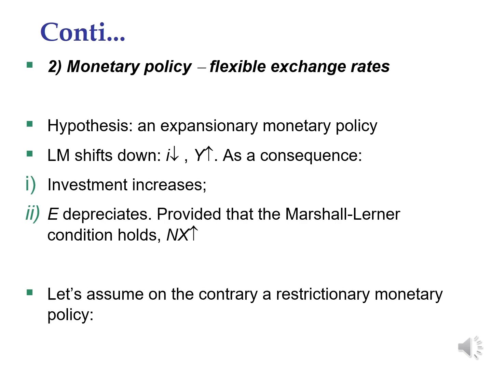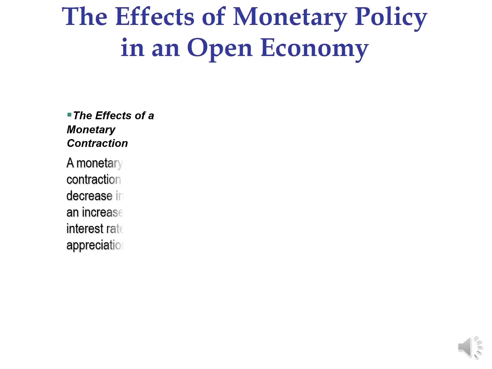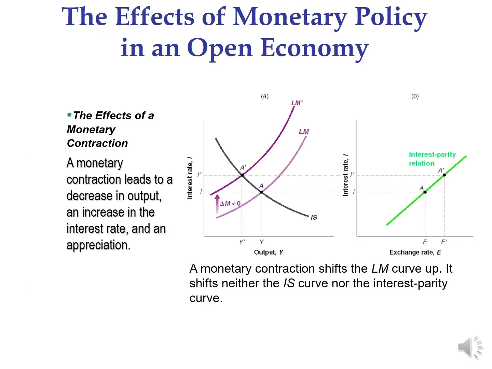Let's assume, on the contrary, a restrictive monetary policy. This is the effect of a monetary contraction in an open economy: a decrease in output, an increase in the interest rate, and an appreciation. So a monetary contraction shifts the LM curve up. It shifts neither the IS curve nor the interest parity curve.